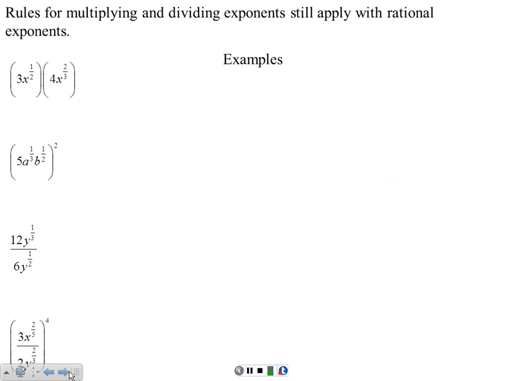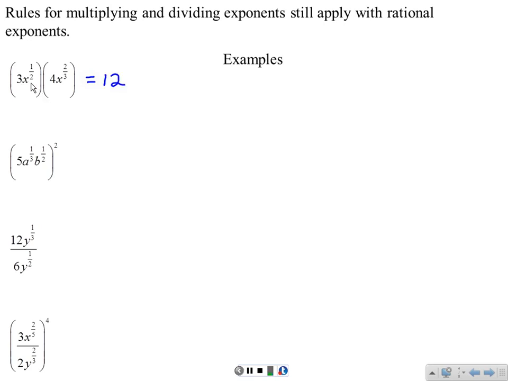Alright, so let's look at these. And again, what you're doing is using your rules for multiplying and dividing exponents that we learned back in chapter 3. So, when you're multiplying monomials, remember you're multiplying coefficient times coefficient. 3 times 4 is going to be 12.